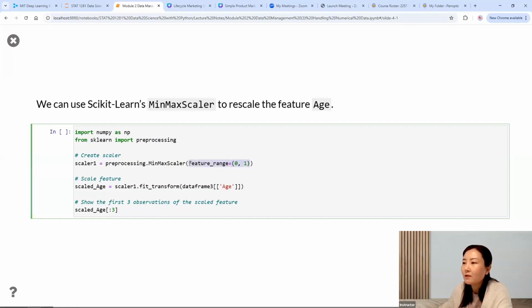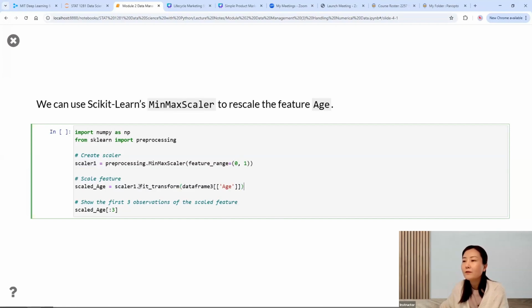So I believe this is also the default range, but you definitely can transform the data into different ranges. For example, you can let it be between 1 and 2, or -1 to 1. Okay? You just need to change these two values. All right, so this is a scaler with some parameters.